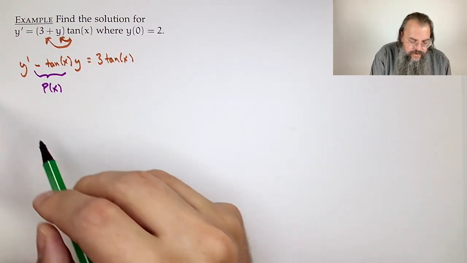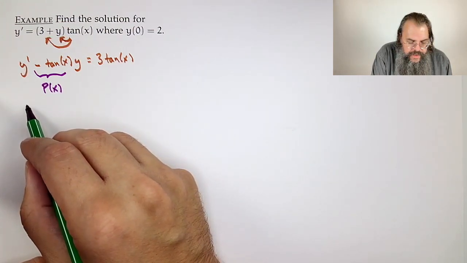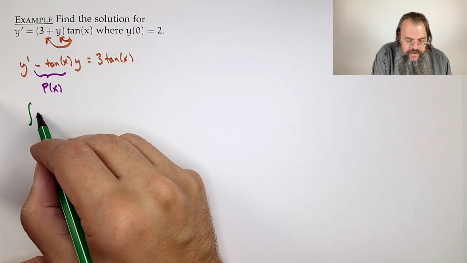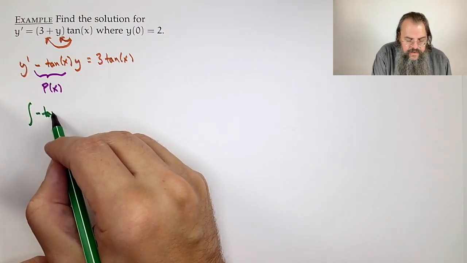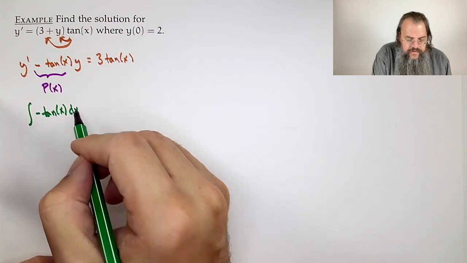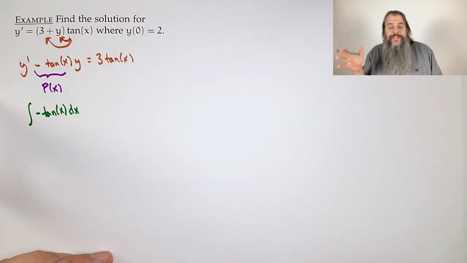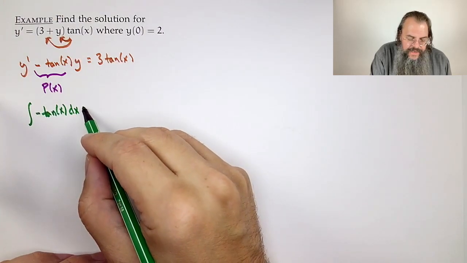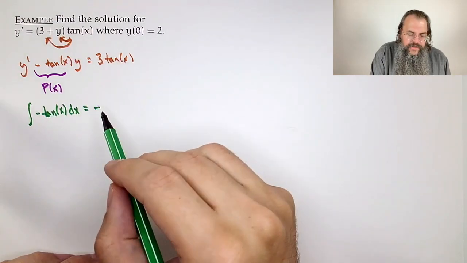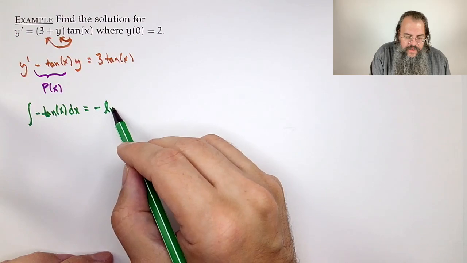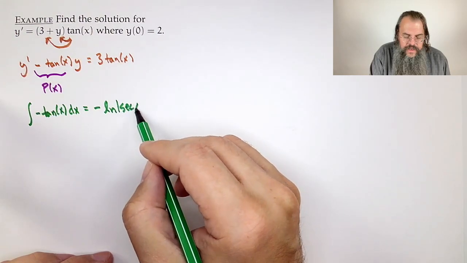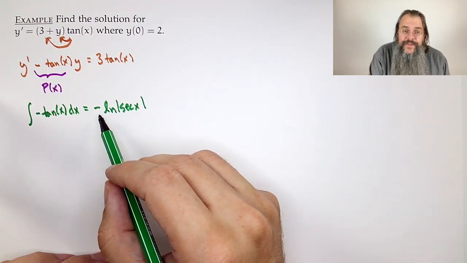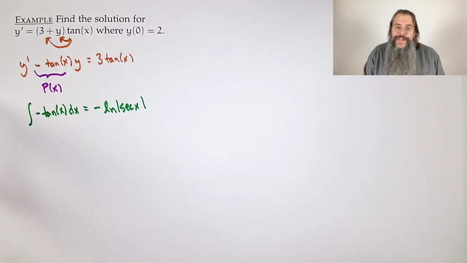Okay, so when we integrate our p of x, that's the integral of minus tangent of x dx. Now, tangent of x is one of our basic functions where we know the integral. There's the minus, and the integral of tangent is log secant. But notice this minus. What can we do with it?